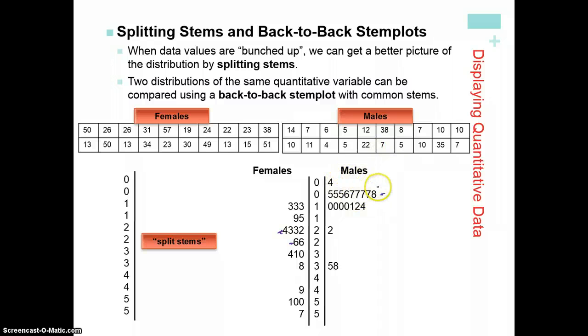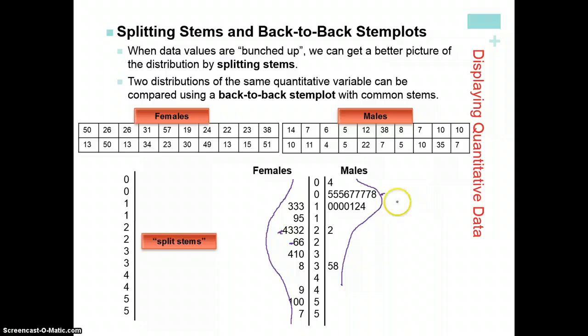We could compare shape, right? This is going to be skewed to the right. This is going to be roughly symmetric. So we would say the male distribution of how many pairs of shoes they have is skewed to the right, or much more skewed to the right than the female, which is roughly symmetric. So spread as well. The spread is much larger for females than it is for males.